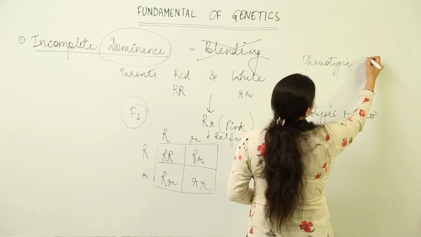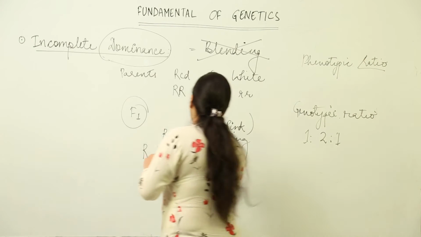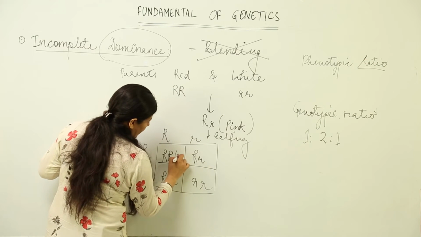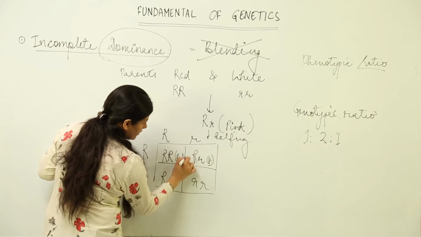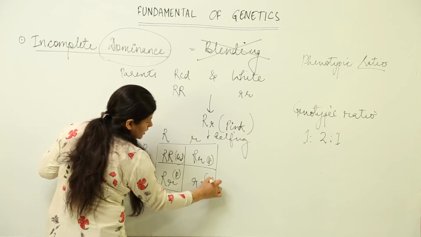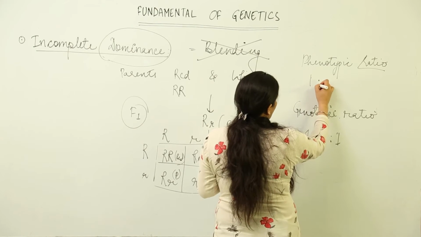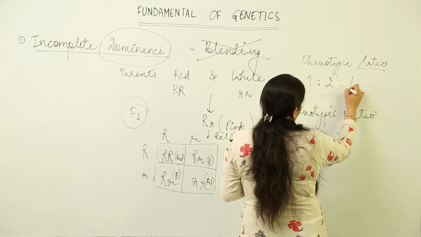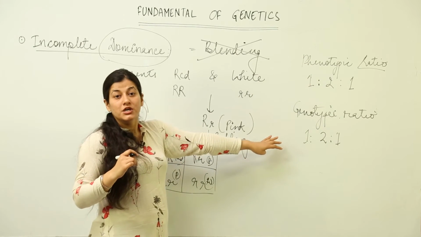It is not 3:1 as we did earlier. Here you can make it out that this would be red. As we saw, it was pink. So we have pink, and we have white. So this is what we are going to find, 1 red, 2 pink and 1 white. So phenotypic ratio is similar to genotypic ratio.